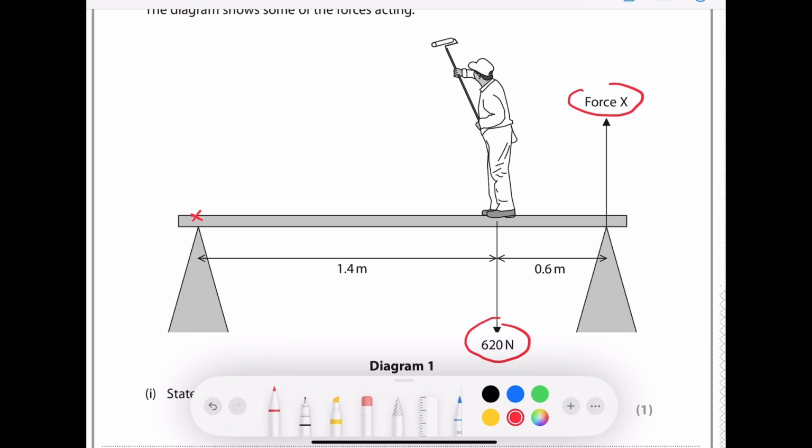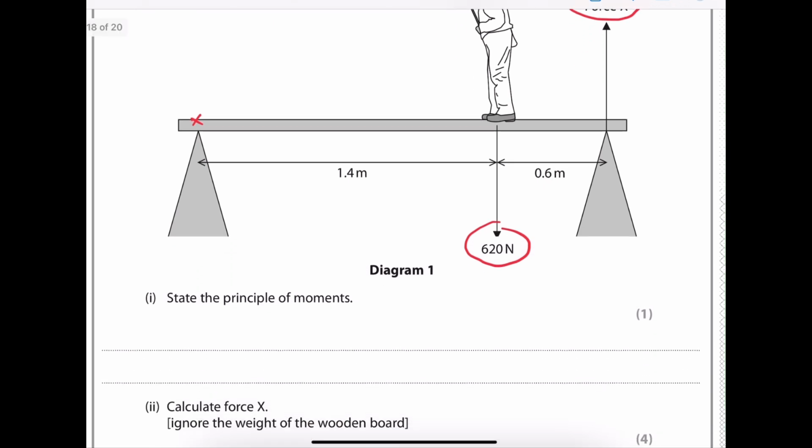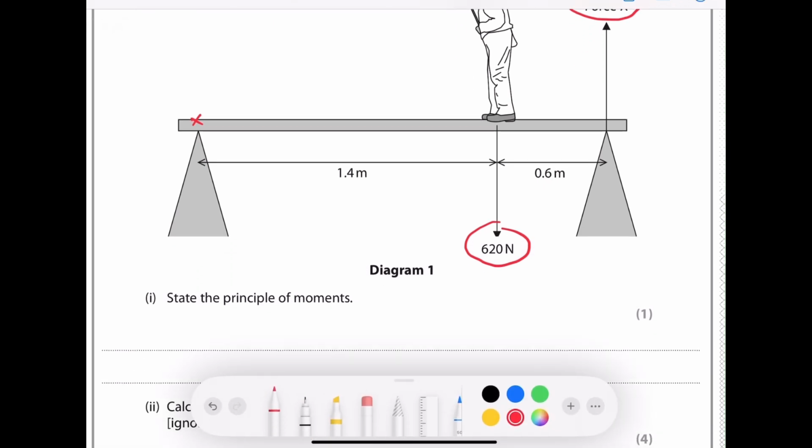I'm going to calculate a new concept in physics, or you might be familiar with it, which is moment. The principle of moments states that the clockwise moment around the pivot equals the anti-clockwise moment around the pivot as well. I can choose this one as my reference, which is the pivot.